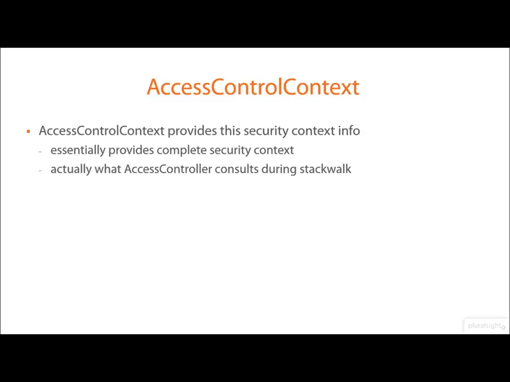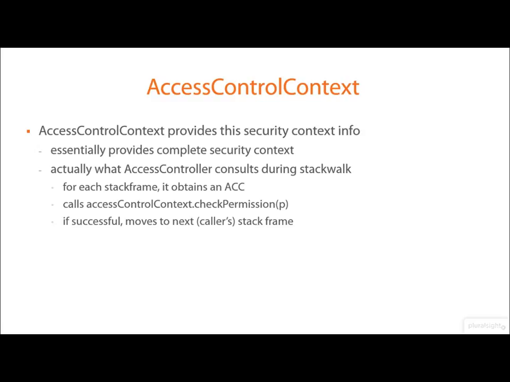And the access control context is actually what the access controller uses when it does its stack walk. For each stack frame, the access controller reaches out, obtains an access control context, and uses that to do its security checks. The way it does the security checks is by calling access control context.checkPermission.